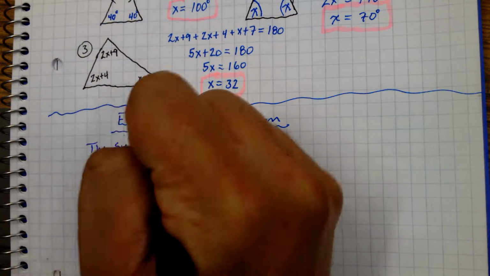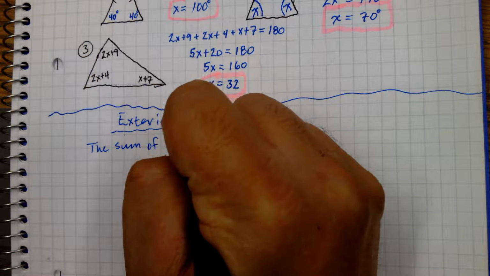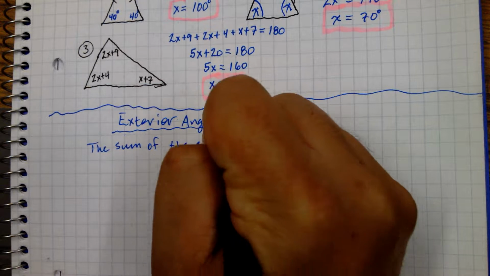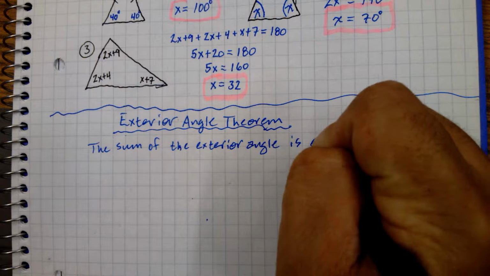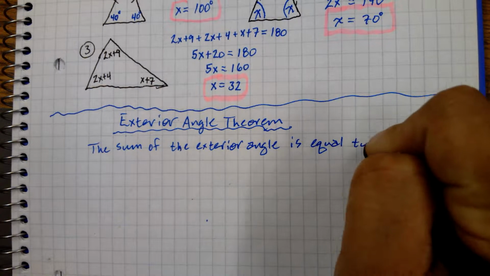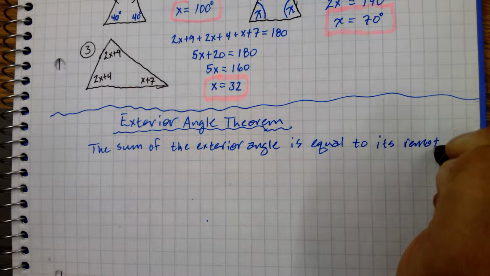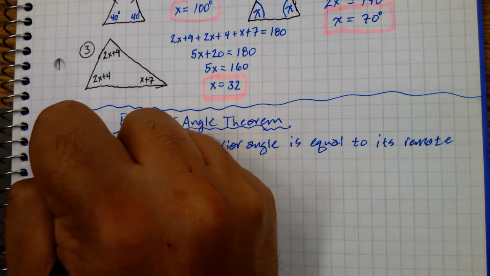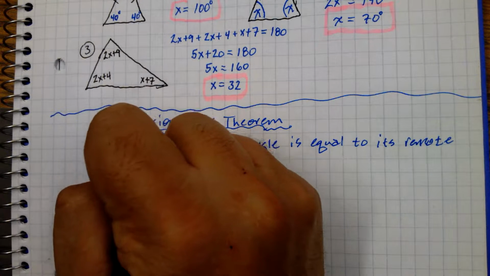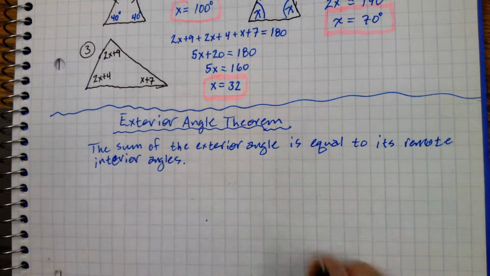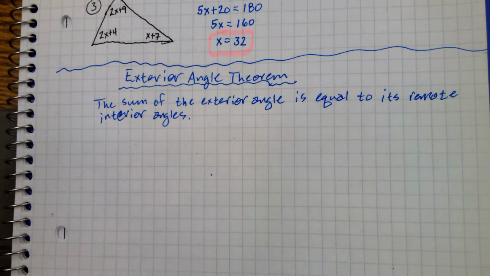The sum of the exterior angle is equal to its remote interior angle. Okay.